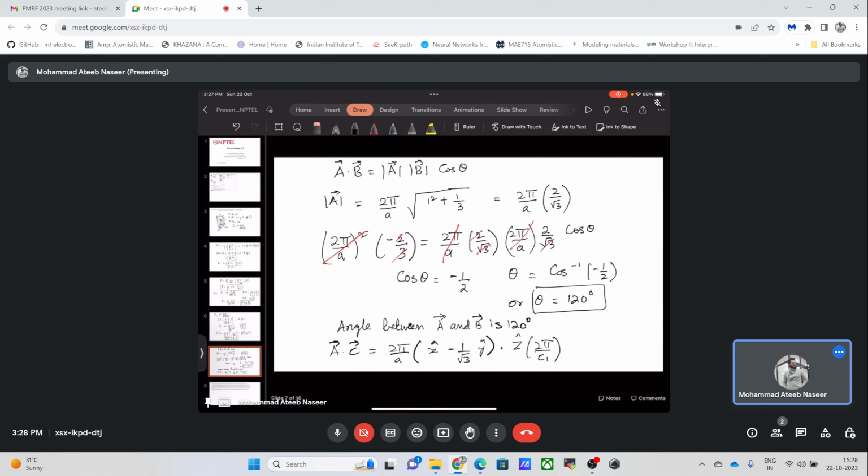It means that the angle between these components, which is A and C, is simply 90 degrees because the dot product is equal to 0.